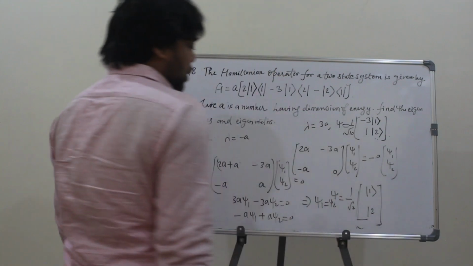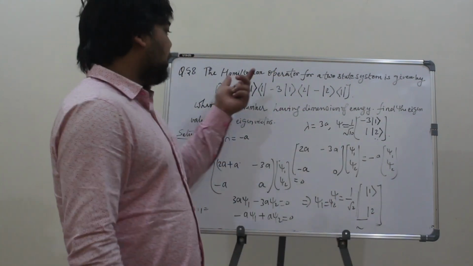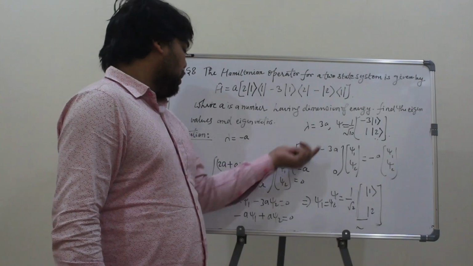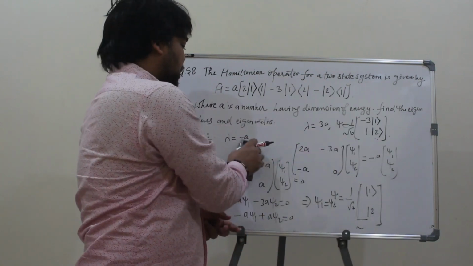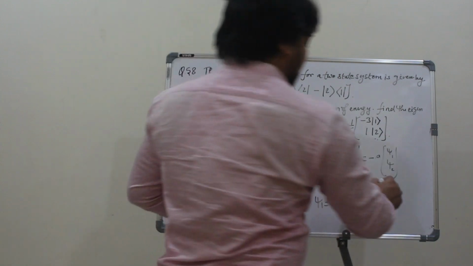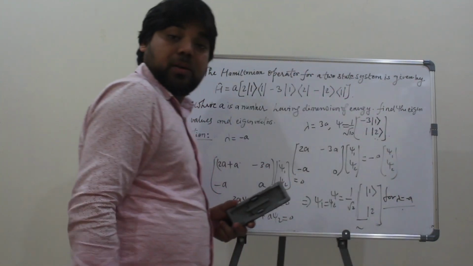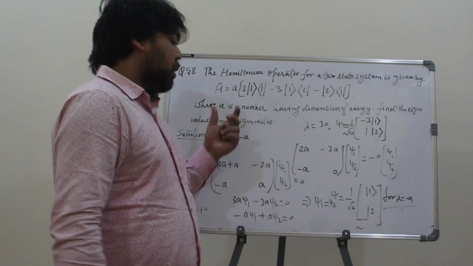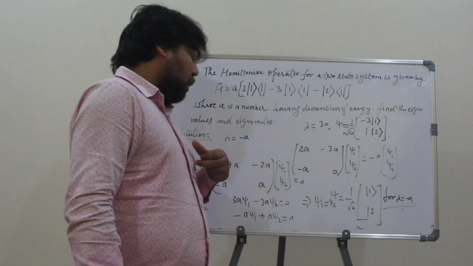So these are the two eigenvectors corresponding to the eigenvalues 3a and minus a, right? This is for 3a and this is for lambda equals minus a. A very simple and straightforward matrix problem in quantum mechanics.